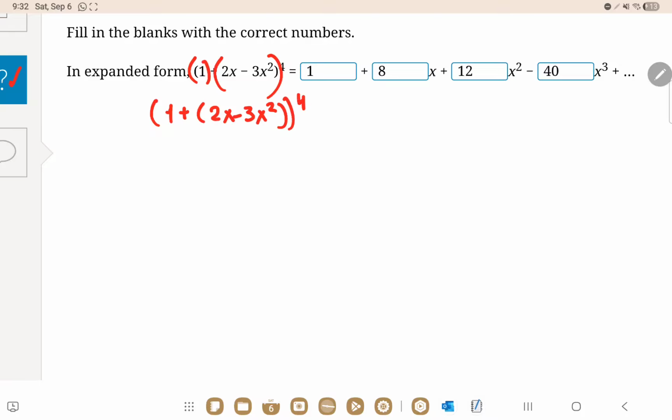Now, we need to apply binomial theorem. Binomial theorem is basically here n and here k equals 0.